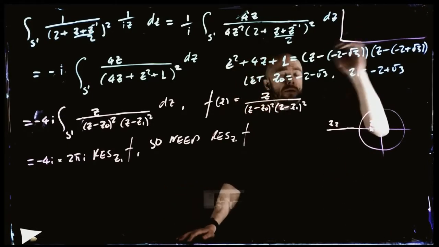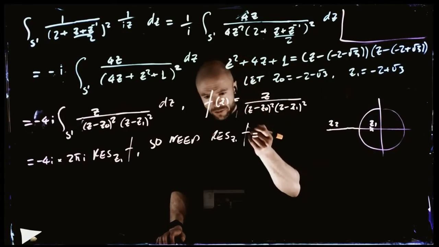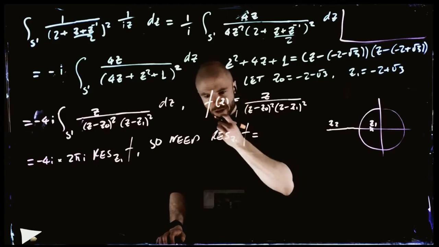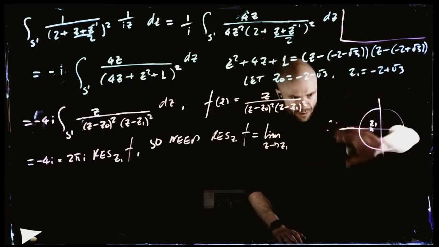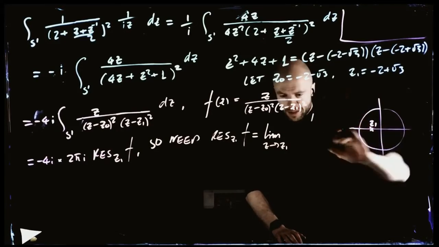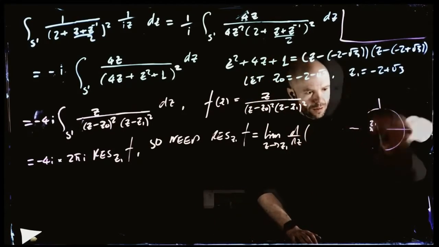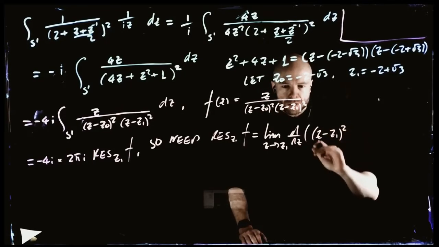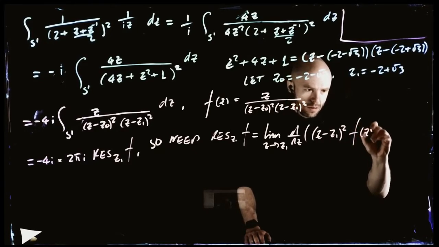Good. So this thing, and there's one other thing you're missing. Factorial is going to be 1. What other thing? Good. Take the limit as z goes to z1, and then we're going to differentiate one time, and we're going to multiply our function by the pole to the power 2, times the function itself, like this.